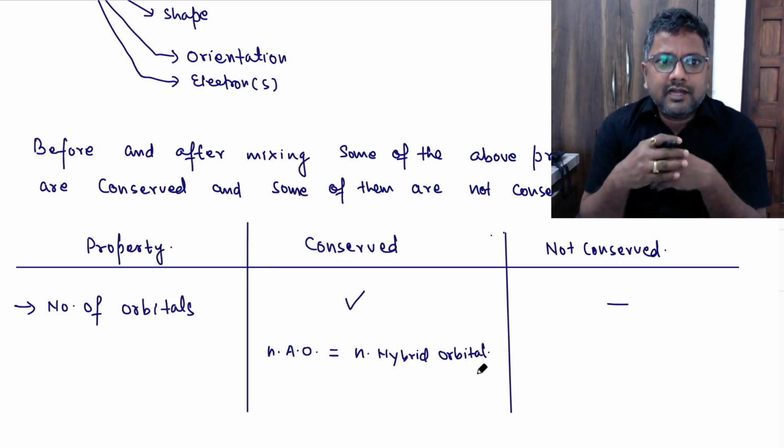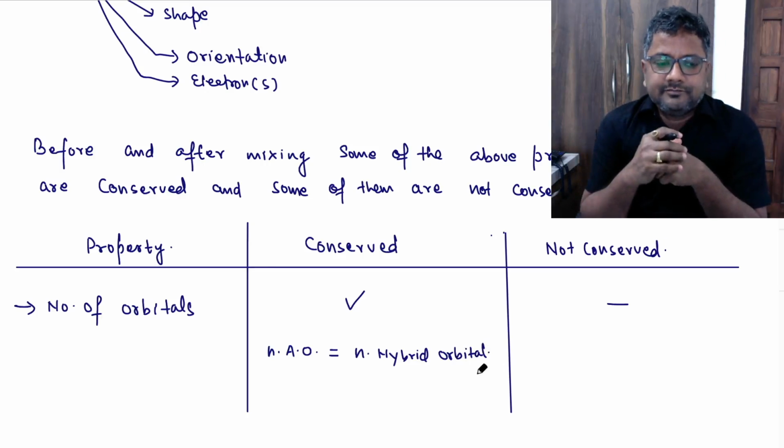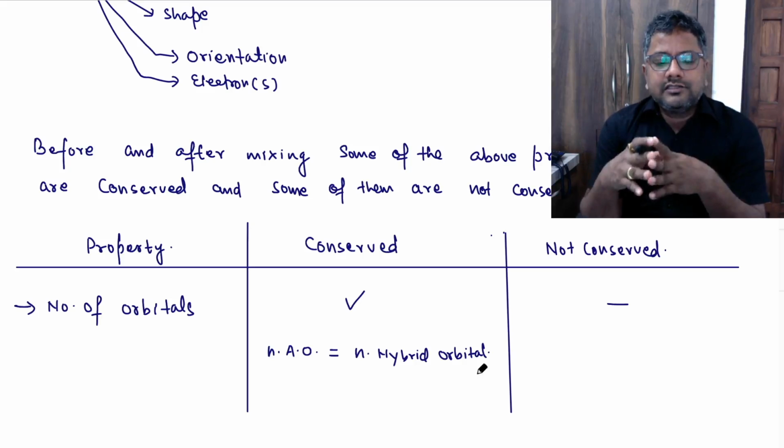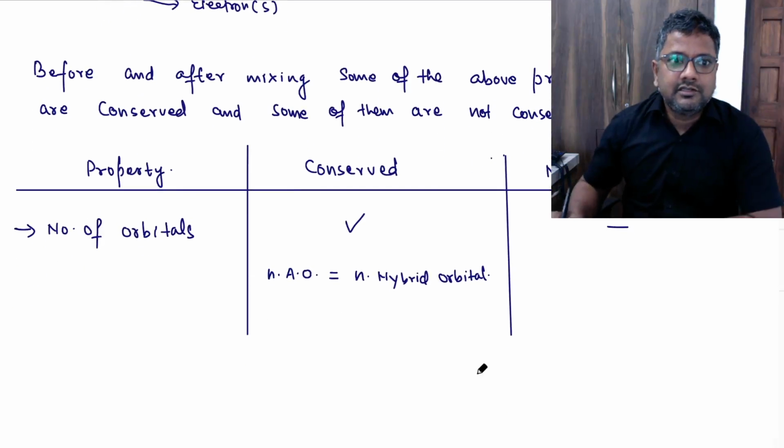Means in hybridization, there is no loss or gain of orbitals. If there is a hybridization, there is no loss or gain of any atomic orbitals. So this is the first property.